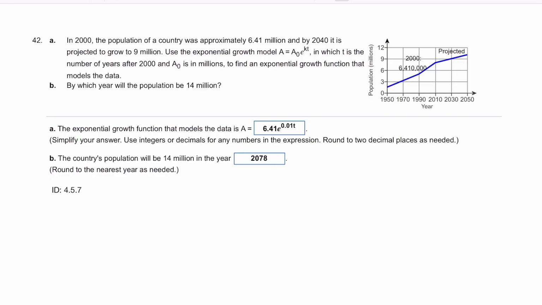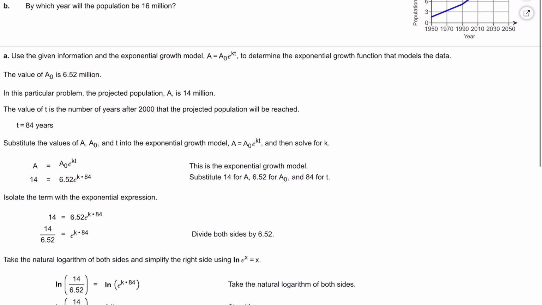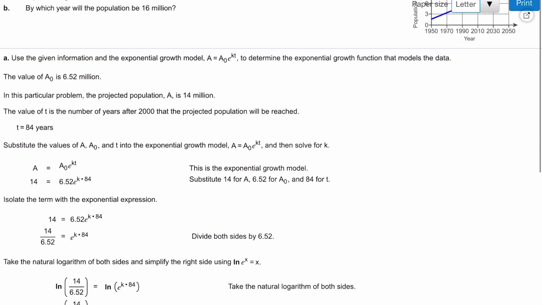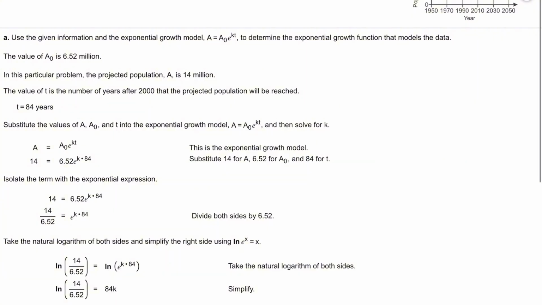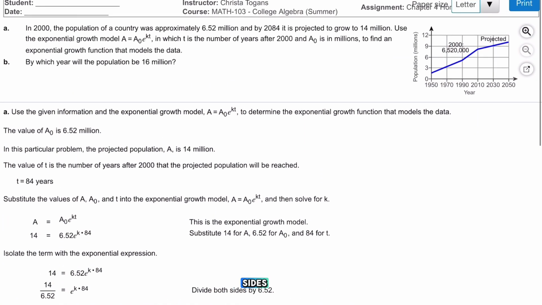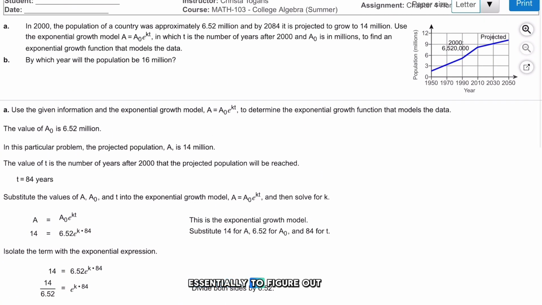Problem. It's an exponential growth model. We're just also going to use the example. It's much neater than my handwriting. And then you're going to take the natural log of both sides eventually to figure out what your value is for K.